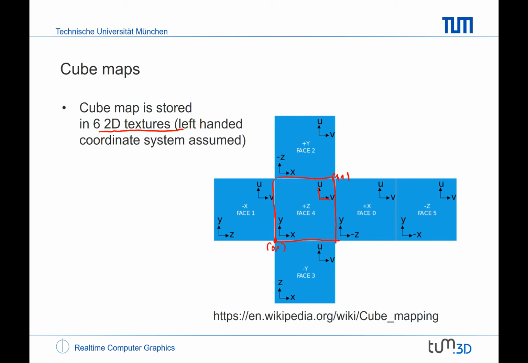Now if we render along the positive X axis, we again have to keep in mind the left-handed coordinate system, and now it's clear what we have.